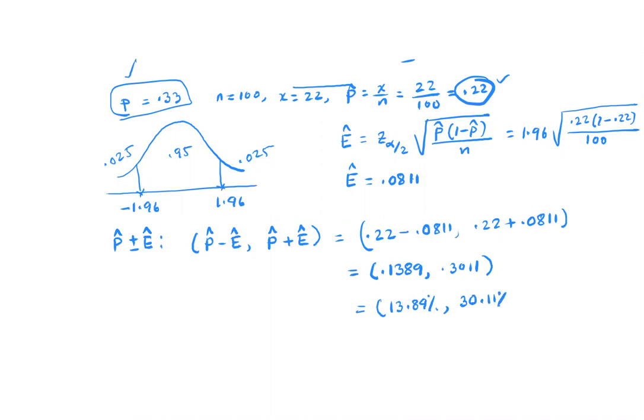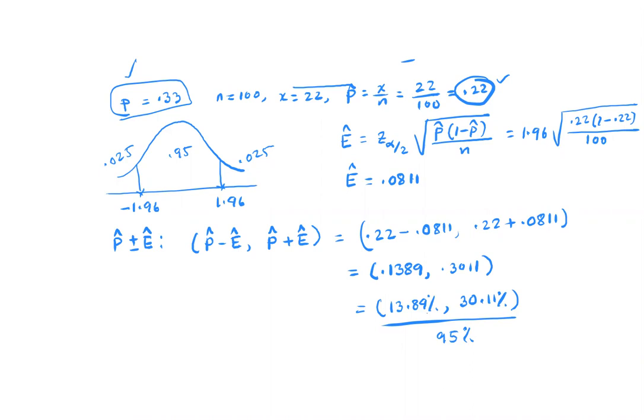Based on your calculation, you are 95% confident that the true proportion of women who make equal or more in the household compared to men falls between 13.89 and 30.11.